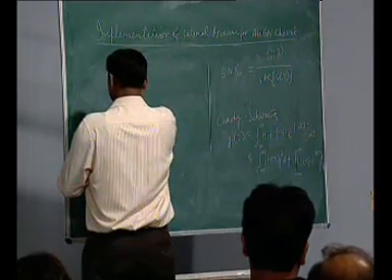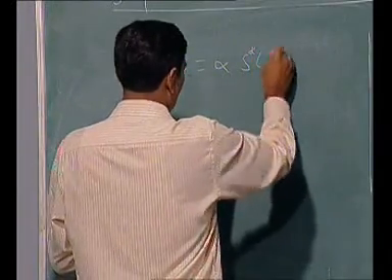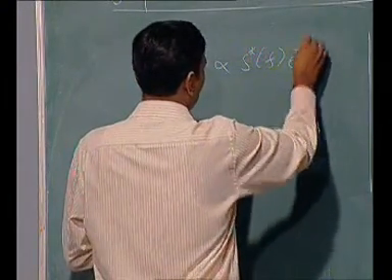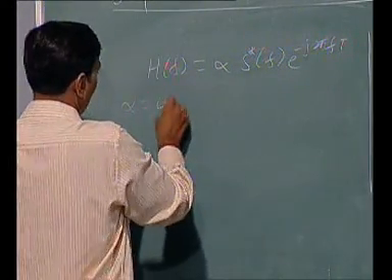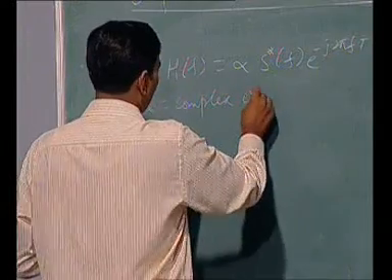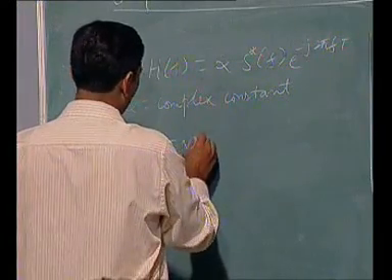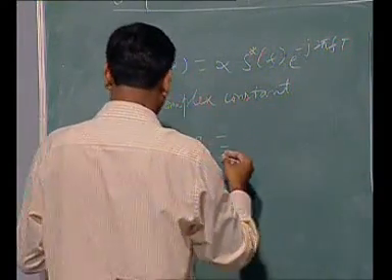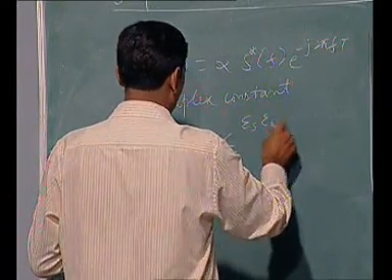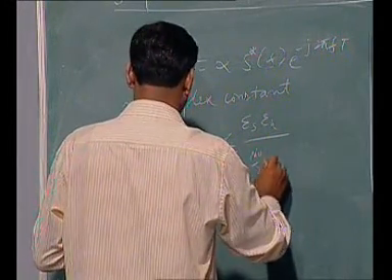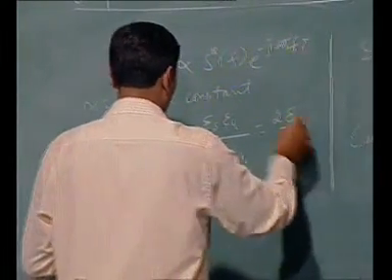Now, this equality will hold if and only if H(f) is S*(f) times e to the power minus j2πfT, with a complex constant, and we will conclude that SNR naught will be, in terms of EH and N naught.